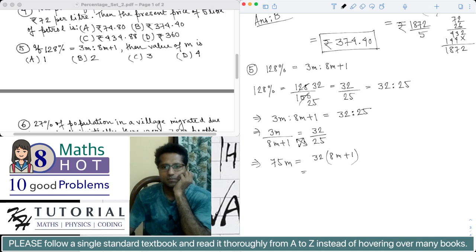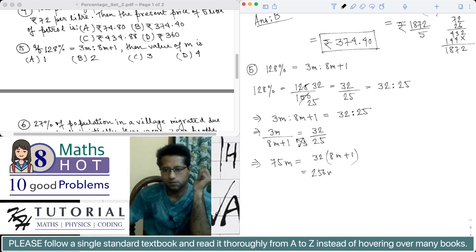I think there is some mistake. 3m divided by 8m plus 1 is equal to 32 by 25. This is equal to 256m plus 32.